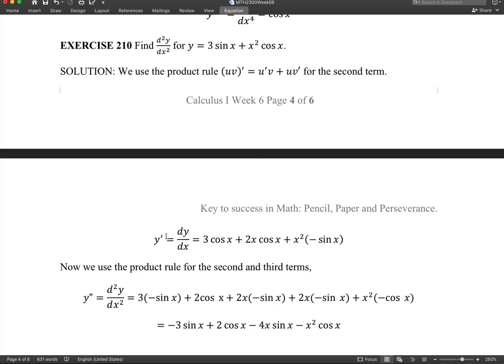So this is my calculation for the first order derivative: 3 cosine x, and then those 2 terms together come from the second term using the product rule. Let me double check. u prime is 2x, u prime v plus u v prime, negative sine x. I think it is all right. We did use the product rule for the second term here to get y prime.